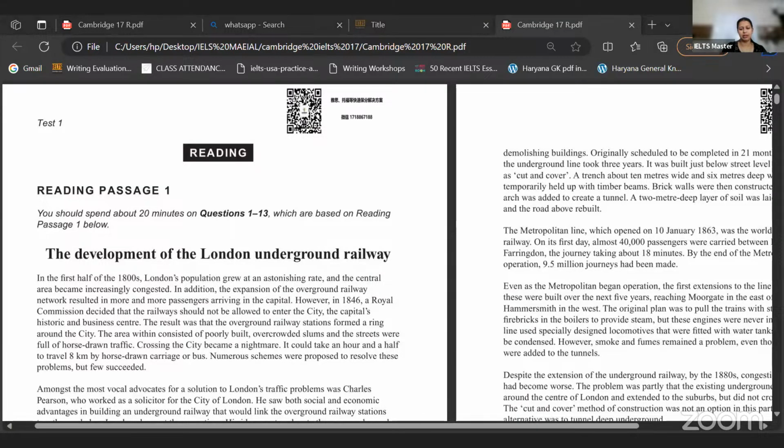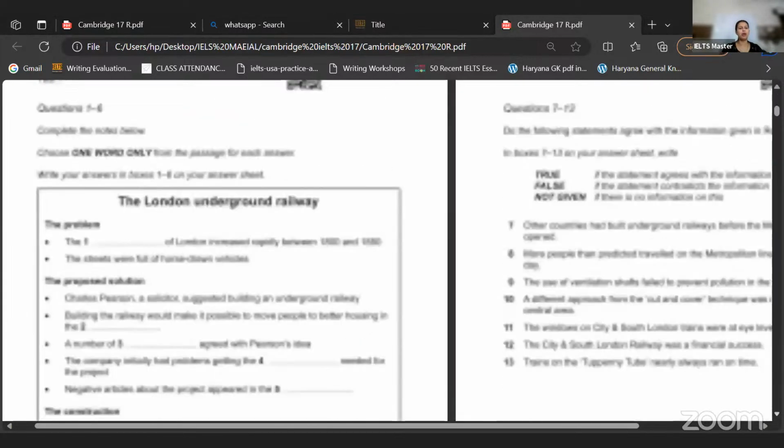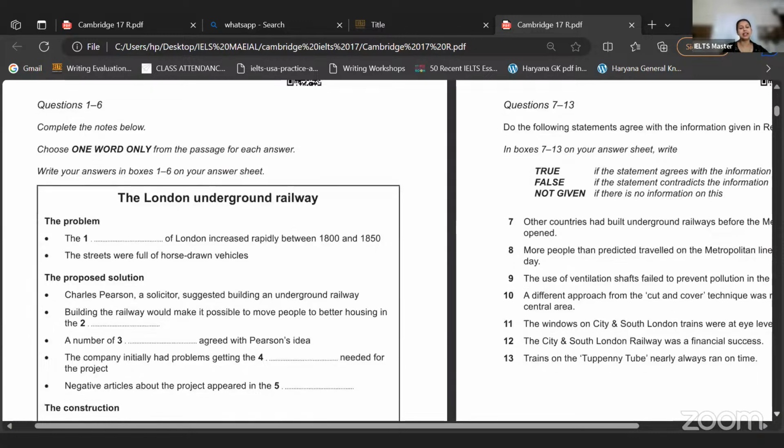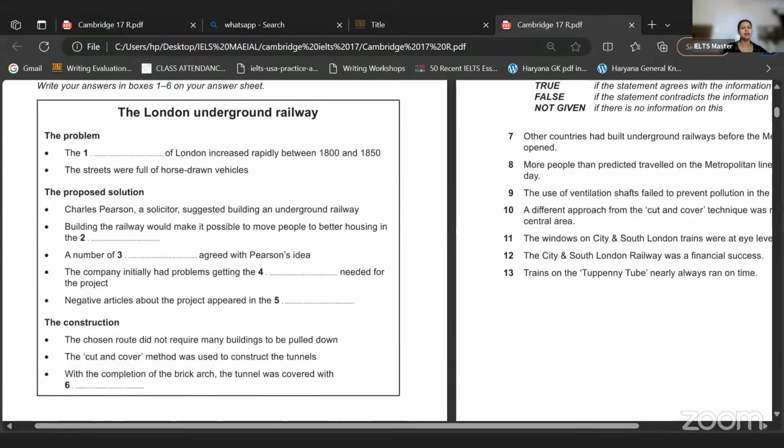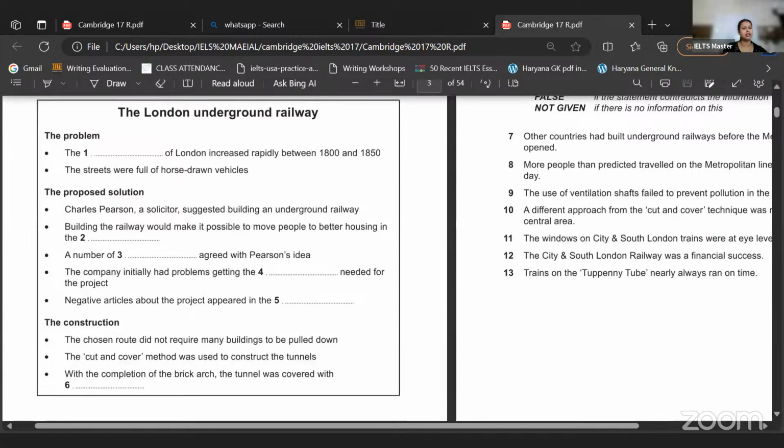Now, for example, I have this passage, and the questions from 1 to 6 are sentence completion questions. The instruction of the question is choose one word only from the passage for each answer. If I read the sentences, they are talking about the London Underground Railway.